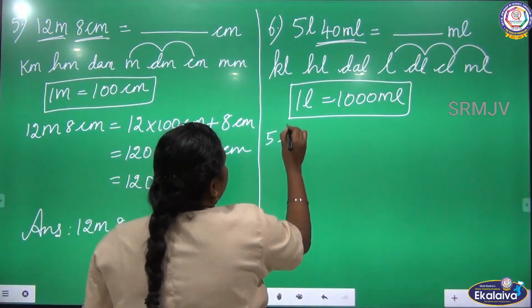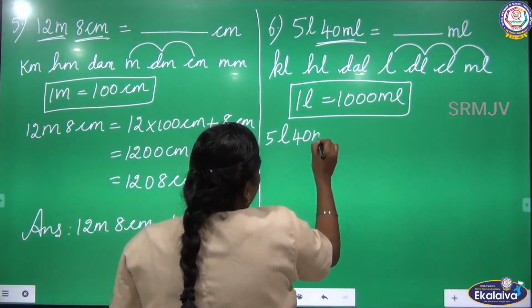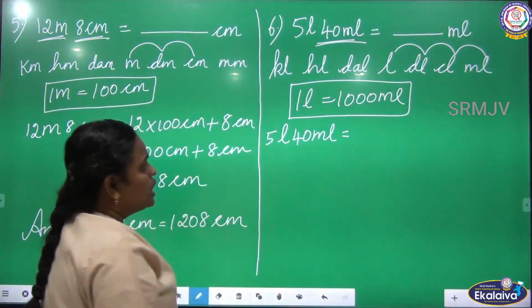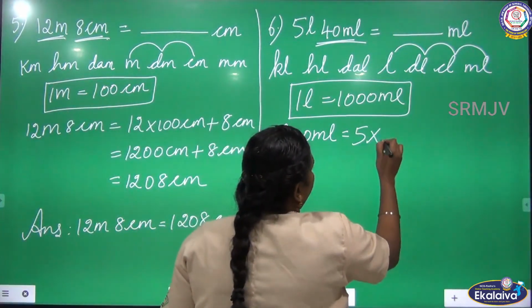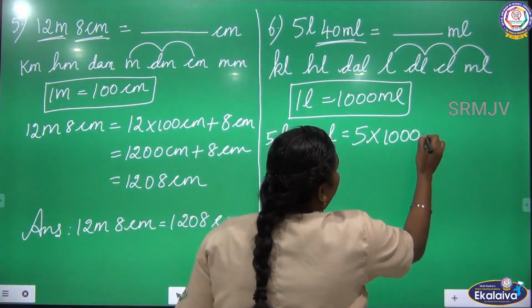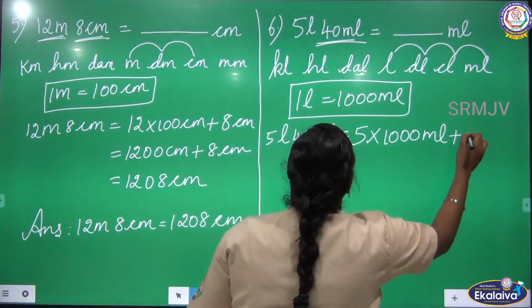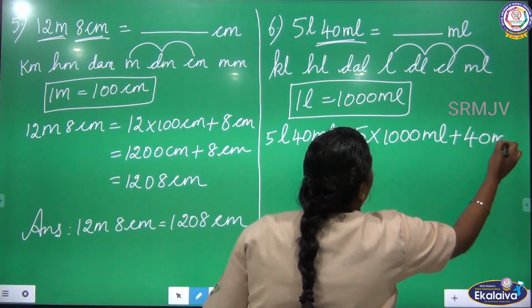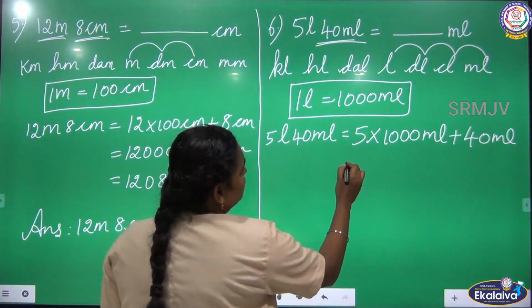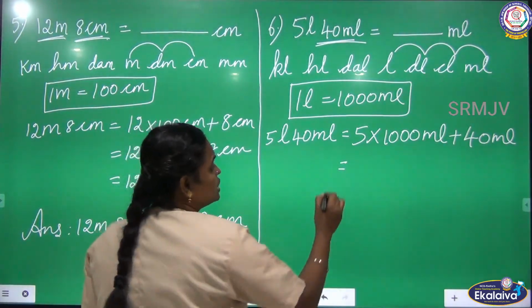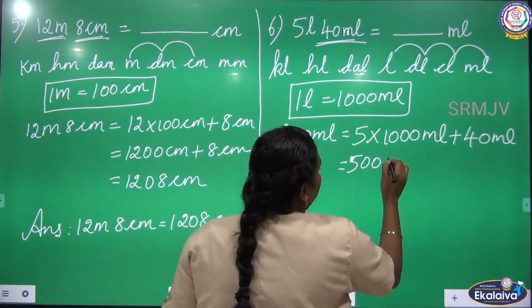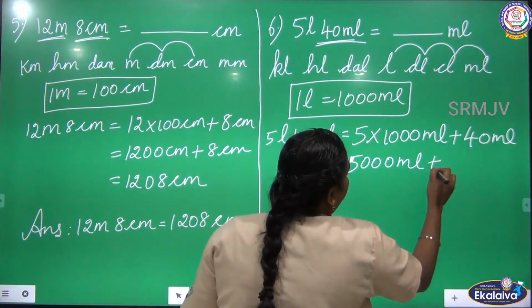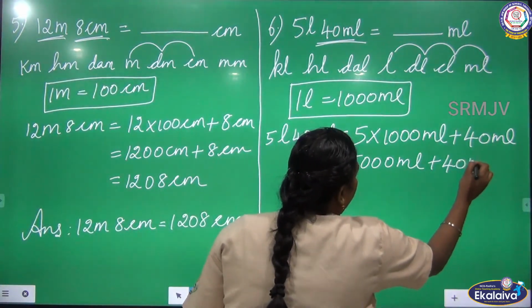So 5 liter 40 milliliter equals, see, we are going to multiply 5 into 1000, because we are going to convert liter into milliliter. So 5 into 1000 plus 40 milliliter. So what is 5 into 1000? 5 into 1000 is 5000 milliliter plus 40 milliliter.